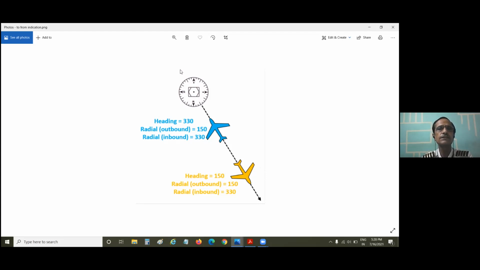Now exactly what happened when you said your radial was outbound 150? The magnetic north transmission was taking place, continuing up to the magnetic north. Then all 360 antennas were energized, right? We just now told all the 360 antennas were energized. So your aircraft, actually, magnetic north is not rotating.